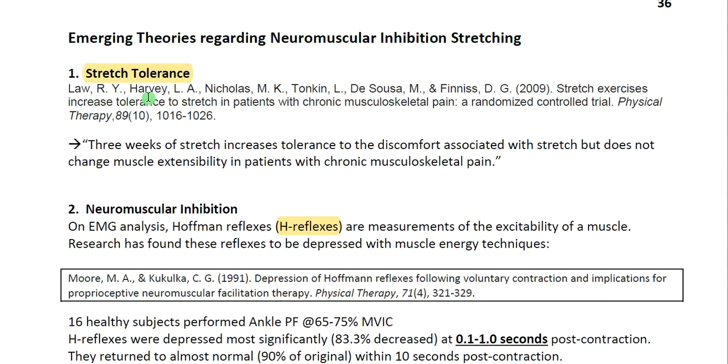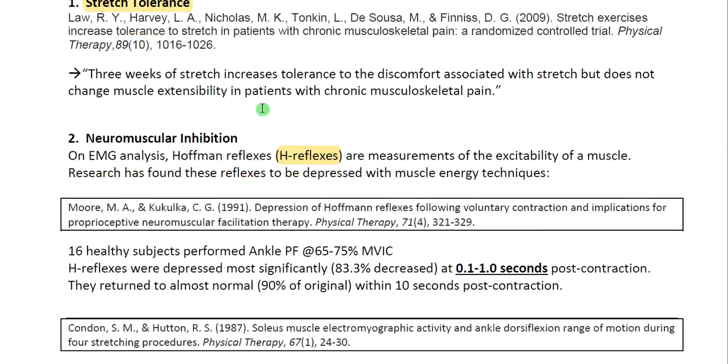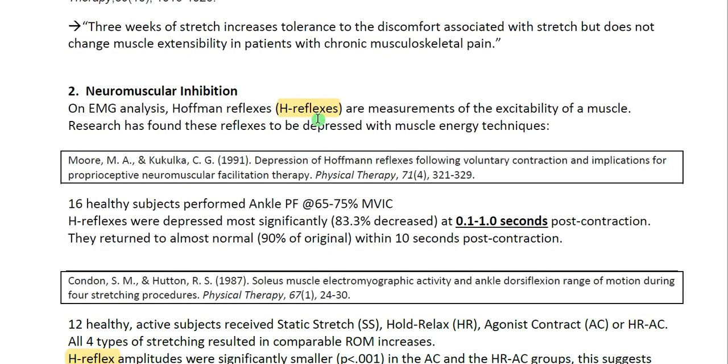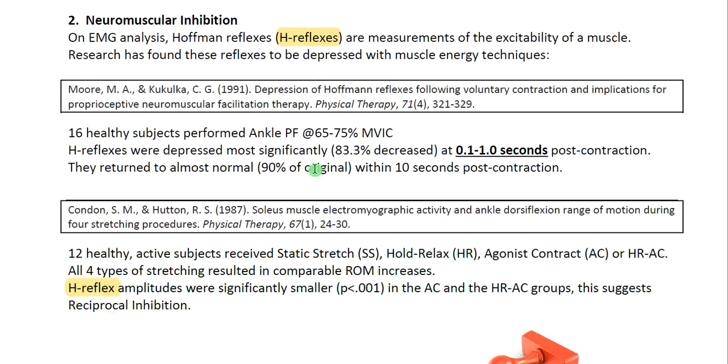A Law study in 2009, stretch tolerance, again, what Weppler was showing there. H reflexes, which have been studied for quite some time. Even this study, I highlight this one from 1991 to show that this has been researched for quite a long time. They looked at ankle plantar flexion contraction to elicit a greater dorsiflexion or gastroc and soleus stretch.